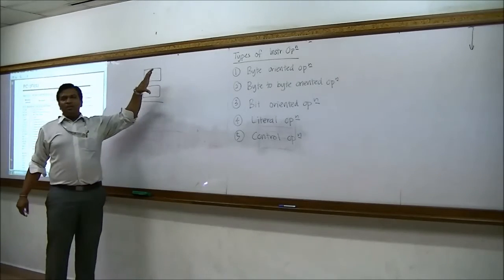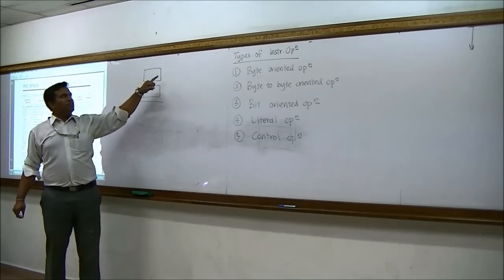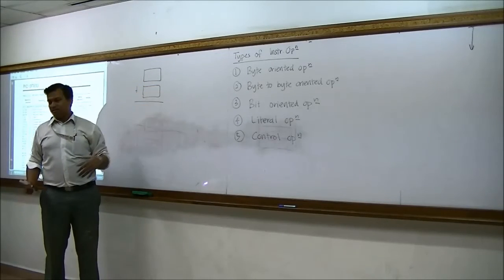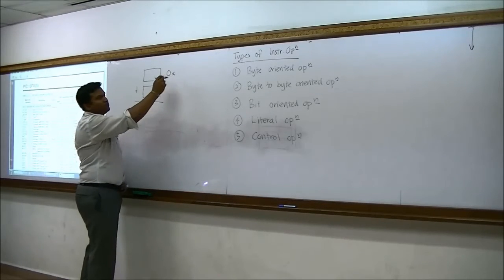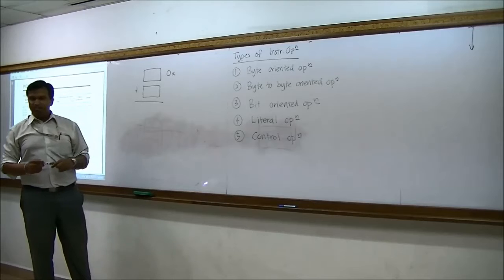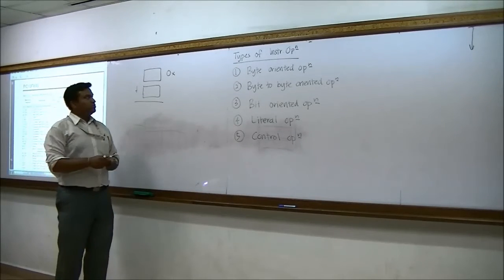So let's say you're performing addition of two locations from data memory. Can you give one sample address of data memory in hex? 0x. How many hex digits must the address be for data memory?